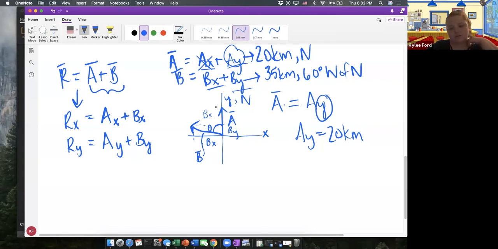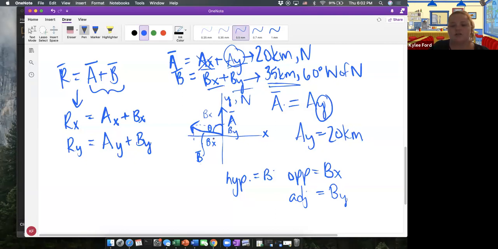So what I will do is say, I know my hypotenuse, and that's gonna be our 35 kilometers. So I know my hypotenuse equals B. I want to know both my BX and my BY, so my BX is gonna be my opposite, and my adjacent is BY.